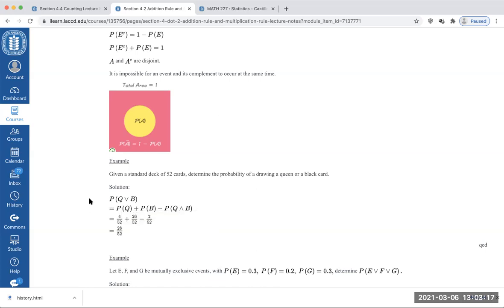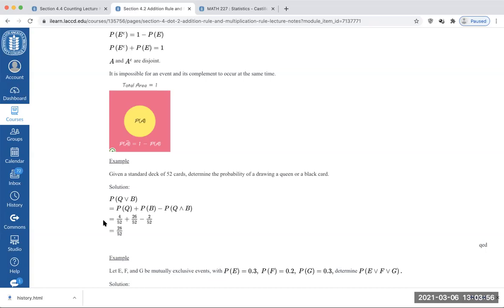Well, by the additive property of probability, the addition rule, the probability of queen or black is the probability of queen plus probability of black minus the probability of queen and black. So let's look. 4 out of the 52 cards are queens. 26 of the 52 cards are black. But 2 of the queens are black. So you've got to get rid of those 2 black queens.